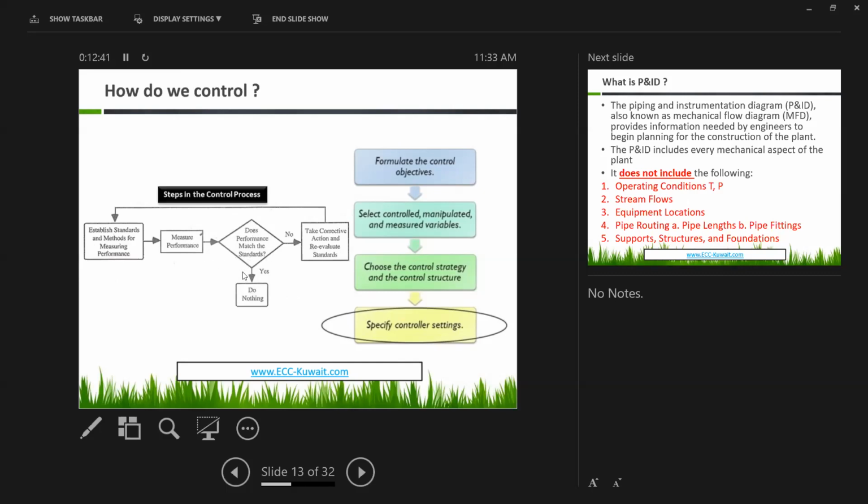If there is equality, or the measured variable is within the range of acceptable operation, the controller will do nothing. But if the control variable is higher or lower than the acceptable range, we have to take an action. What is the type of this action? It depends on the control philosophy.